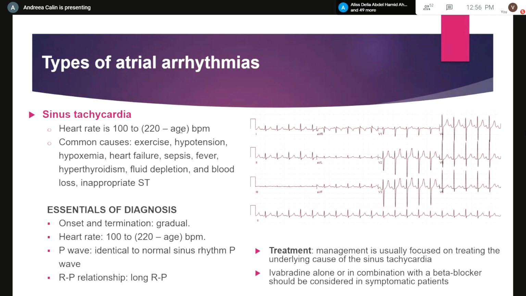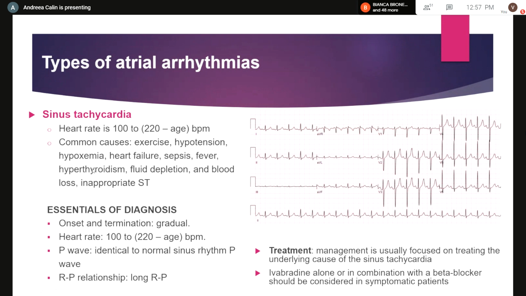Of course, young individuals may have a sinus tachycardia with a very high rate. Common causes: exercise, hypotension that may lead to sinus tachycardia to compensate for the hypotension, hypoxemia, heart failure, sepsis, fever, and fluid depletion and blood loss.